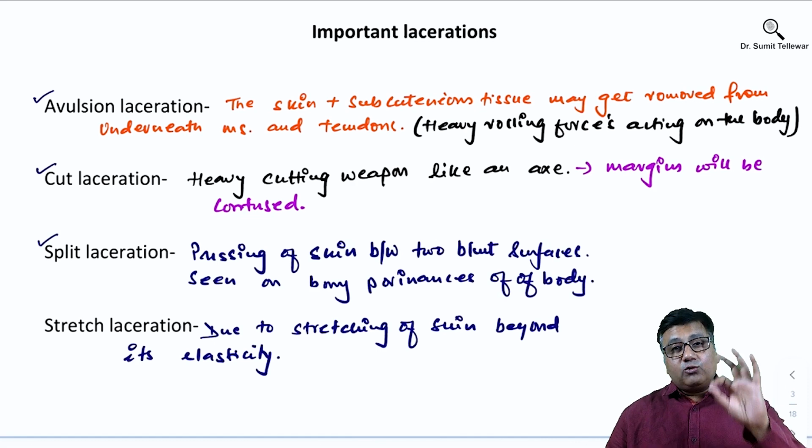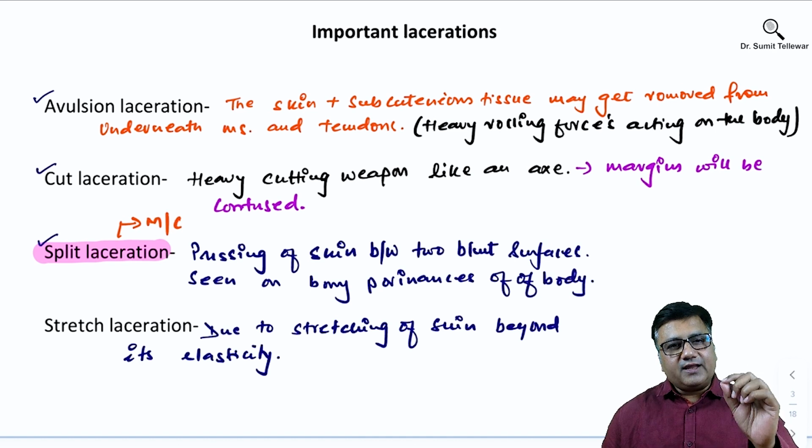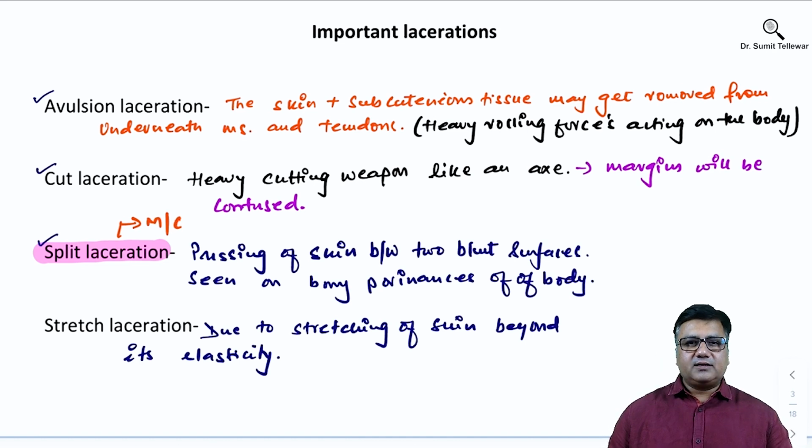But out of the three, the laceration which is asked excessively in the examination, that is split laceration, which is most common, so very important. Right? Let's take up the next question now.